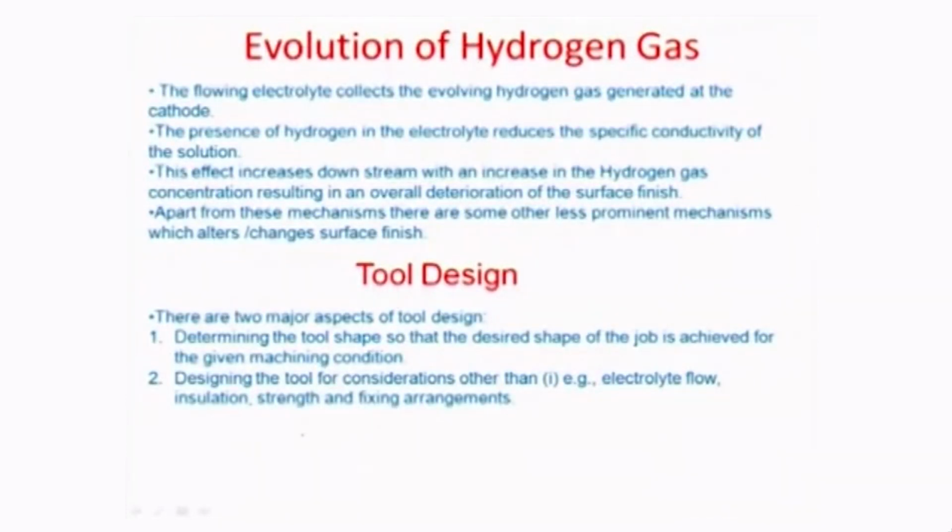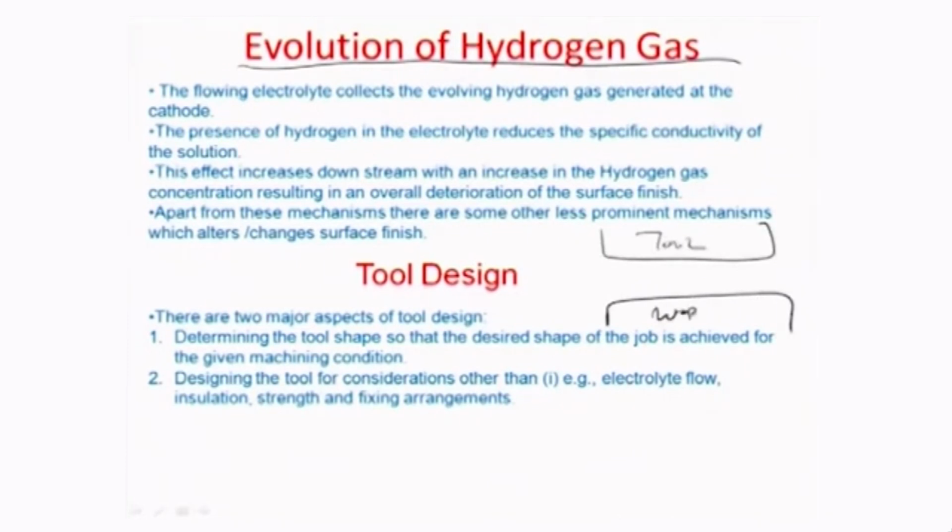Finally, as I already have mentioned before, the evolution of hydrogen gas is pretty critical, and if you consider this tool workpiece surface, supposing the electrolyte starts flowing from this end into the gap, okay, at a certain velocity, and by the time it reaches the other end here, there is always an increase in the temperature, and let us say hydrogen emanates as bubbles into this electrolyte.